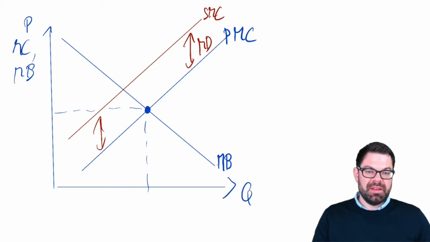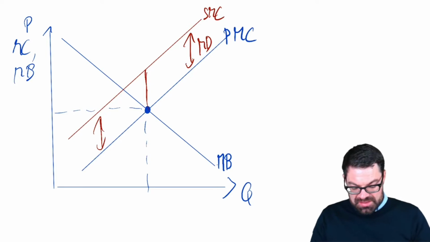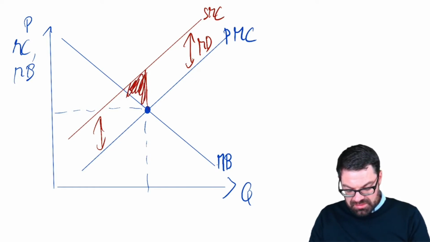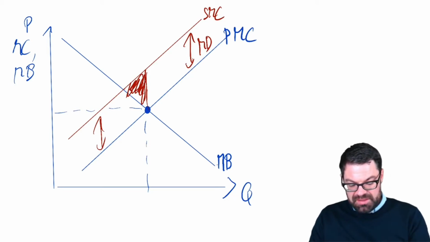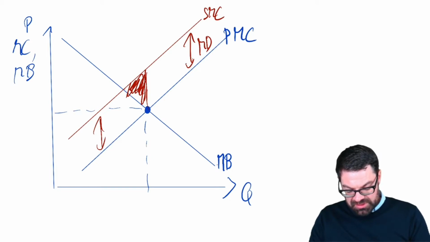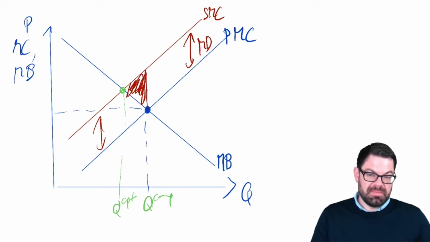And so here we can also think about what the deadweight loss is, and the deadweight loss in this case is this triangle here. Okay, because the deadweight loss comes from the fact that we produce at the level Q comp in a competitive market rather than at the socially efficient level Q opt, right?